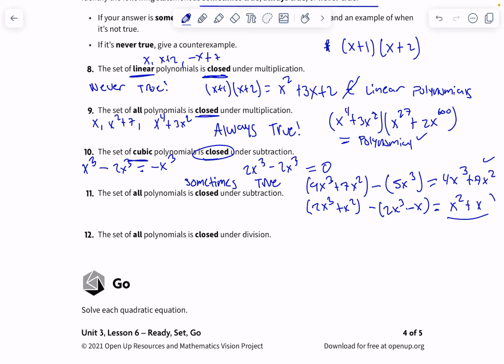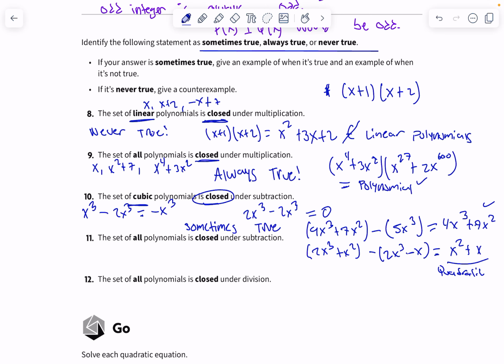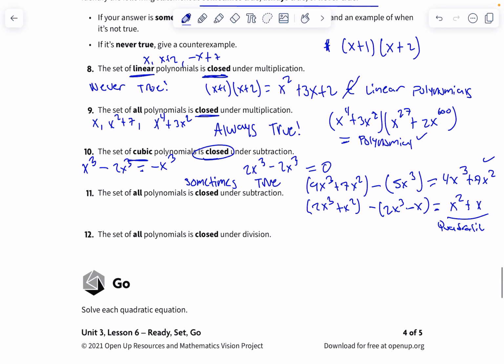So it does not stay within cubic polynomials, right? So it's not closed. It's sometimes true. Sometimes it works, sometimes it doesn't work, okay? The set of all polynomials is closed under subtraction. So that's true, right?